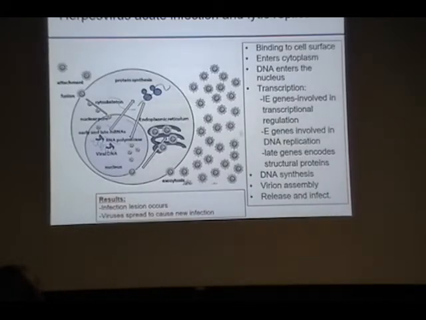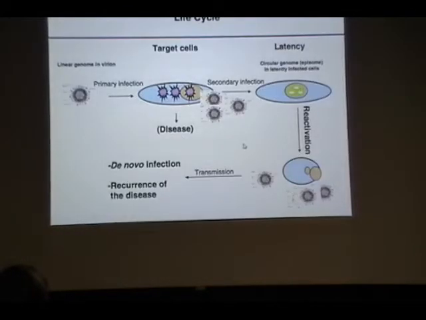So this is what happens at the cellular level during the virus infection process. But here is what happens systemically during herpes virus infection, that is, what happens to your body.